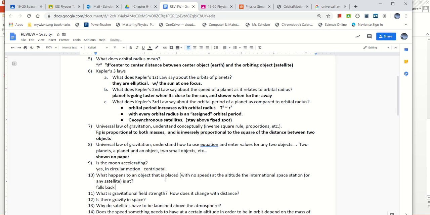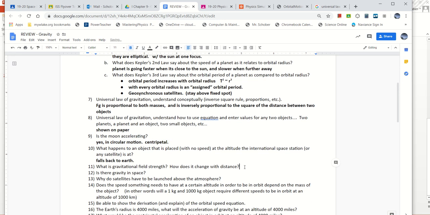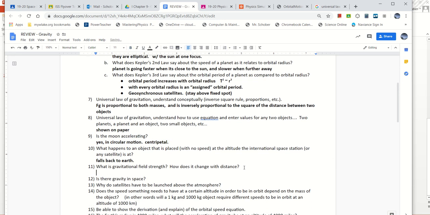Falls back to Earth, okay? It will fall back to Earth unless it's given an appropriately high tangential speed to keep it in orbit. But again, as I keep saying, objects don't just magically float in space when you place them there. Gravity exists in space and doesn't just magically shut off. It will fall back to Earth.